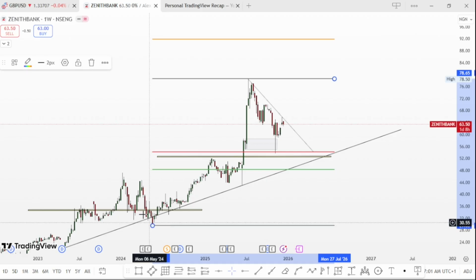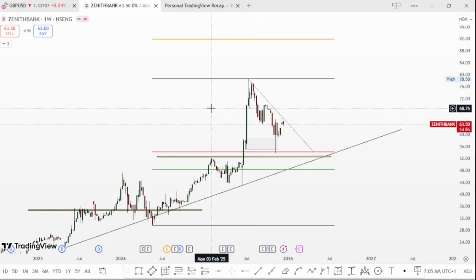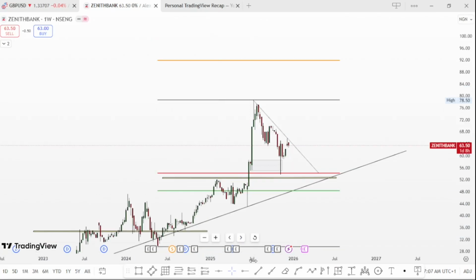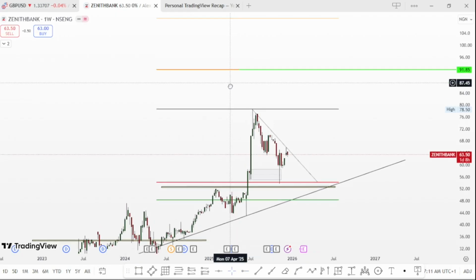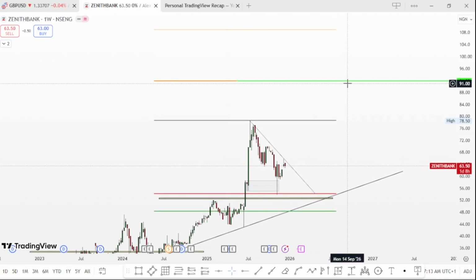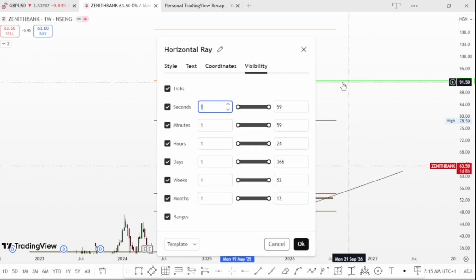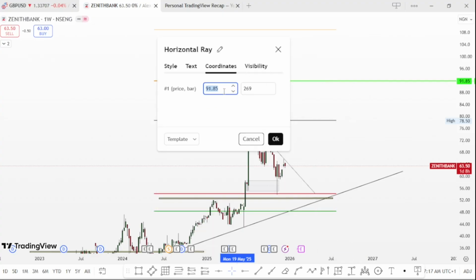It's looking like this: swing high, swing low, swing high. Let's make it a round number.